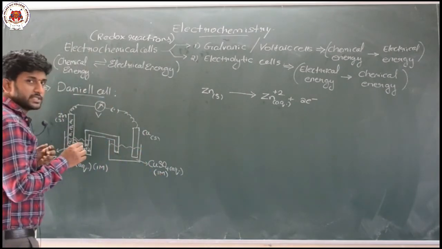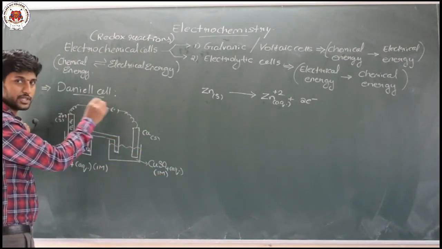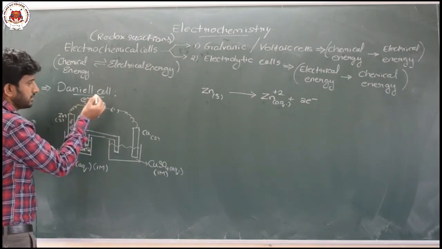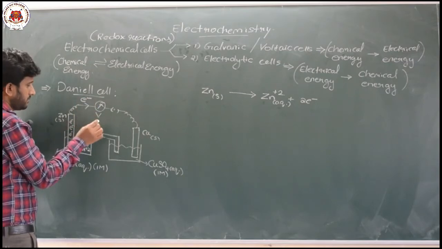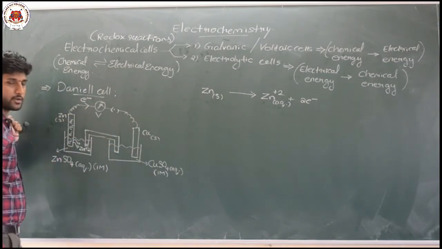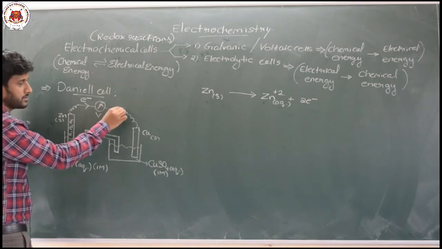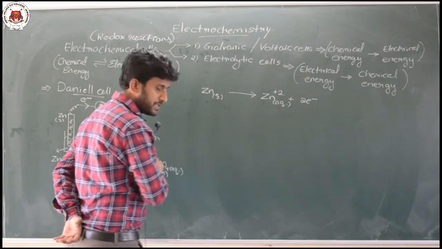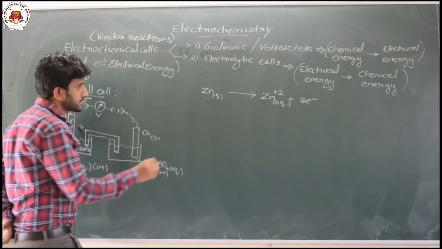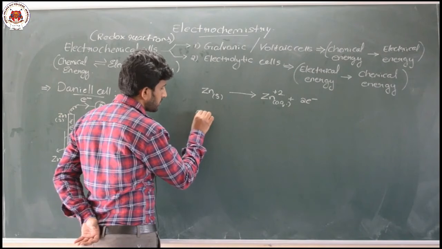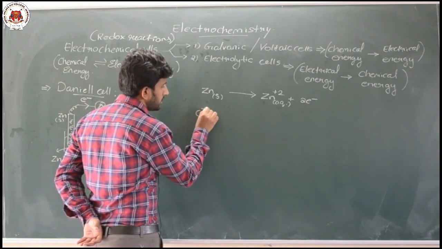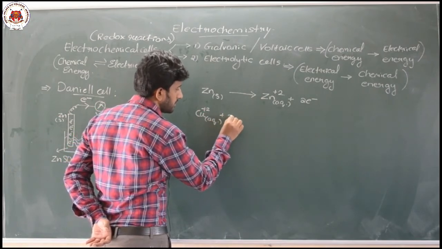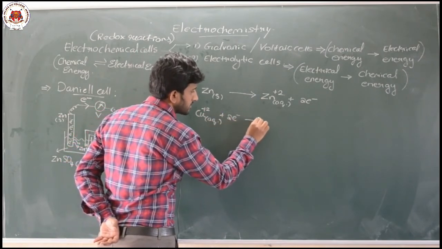Once the circuit is complete, these electrons start moving from the zinc rod to the copper rod, from the zinc side to the copper side. At the copper electrode, the electrons are taken up by the copper ions.